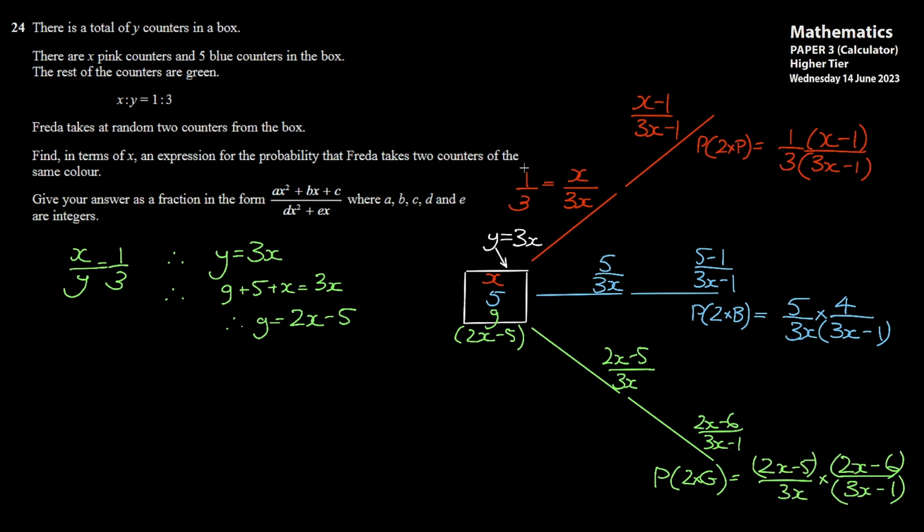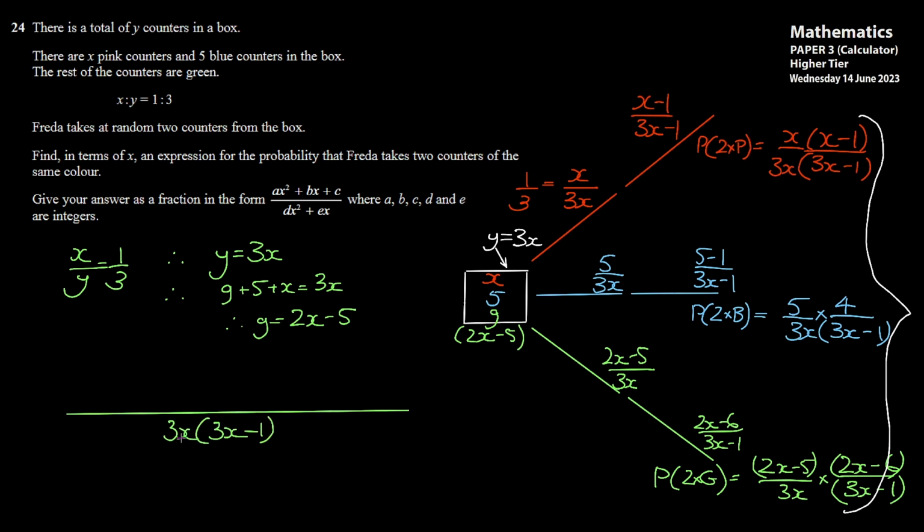So the probability of getting 2 pinks, 2 blues, or 2 greens is the addition of all of this lot. If I restore an x and a 3x and don't cancel that x away, they're all sitting on the same common denominator, which is 3x multiplied by 3x minus 1. So now let's work on the top line.